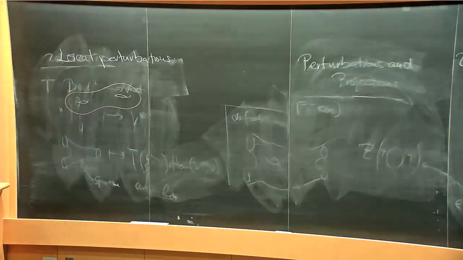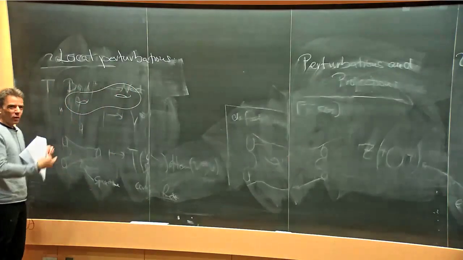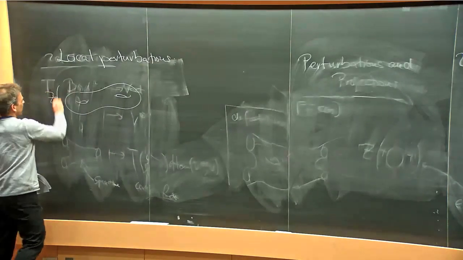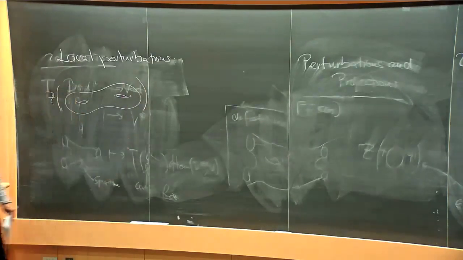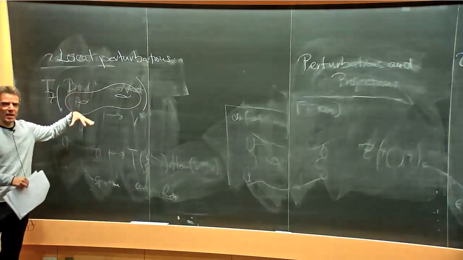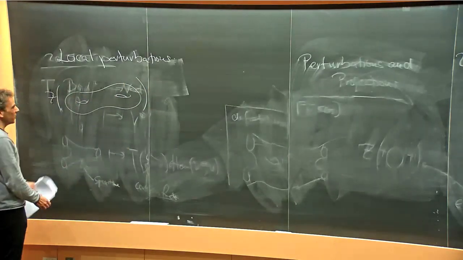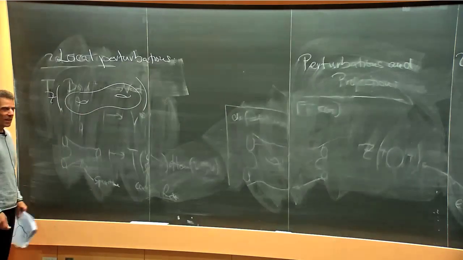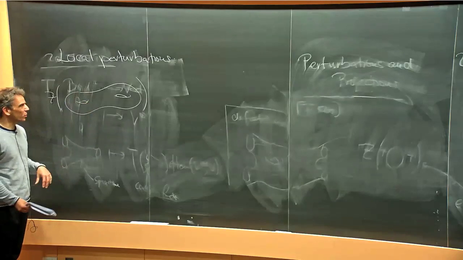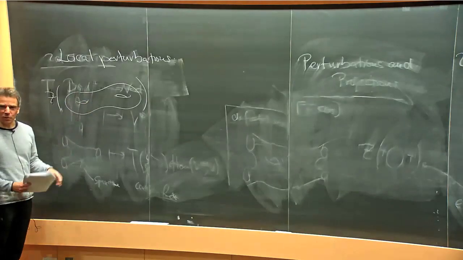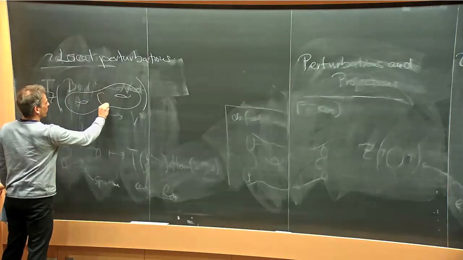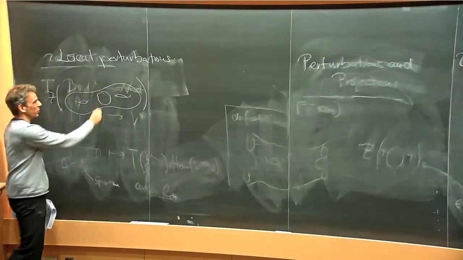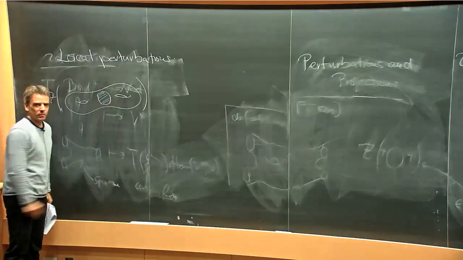And a perturbation takes the correlation function on this, let's call it Z of this, and changes it to another correlation function. But it does this in a local way, and a local way means that you can restrict your change to parts of your surface. So you can just perturb your theory on part of your surface, in here, for instance.